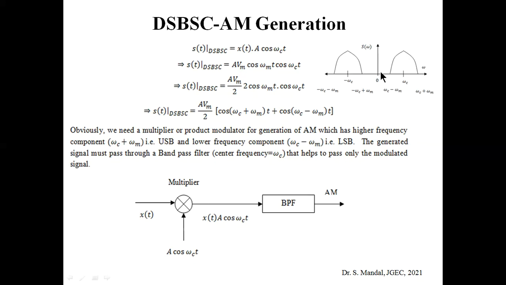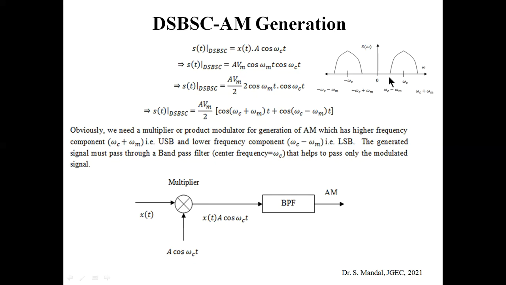Suppose the value of omega_c is 300 kilohertz and the value of omega_m is 3 kilohertz. So obviously USB will be 303 and LSB will be 297 kilohertz.